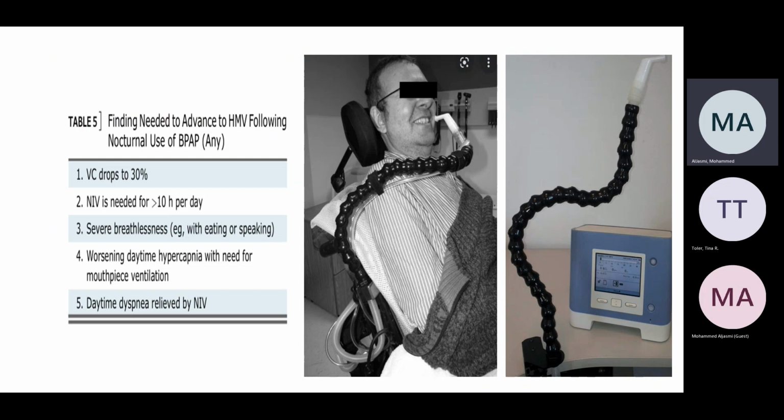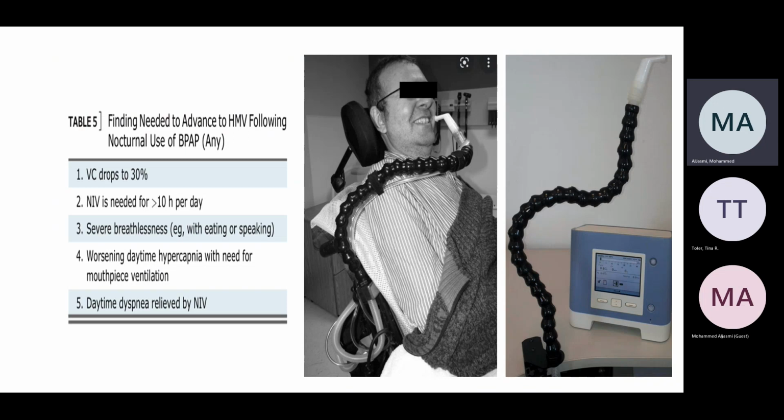If there is a need for NIV more than 10 hours per day, this is a sign that they need to be on a home vent. And again, home vent doesn't mean that they need a trach, but the machine they need is a home vent, not just AVAPS or BiPAP-ST.